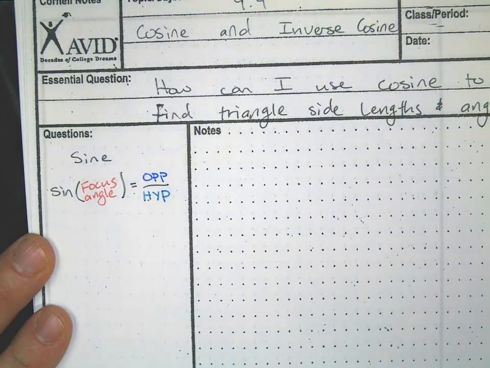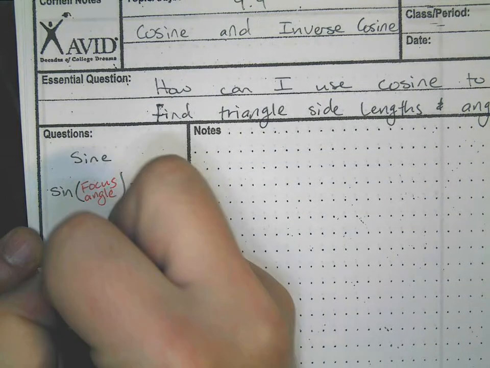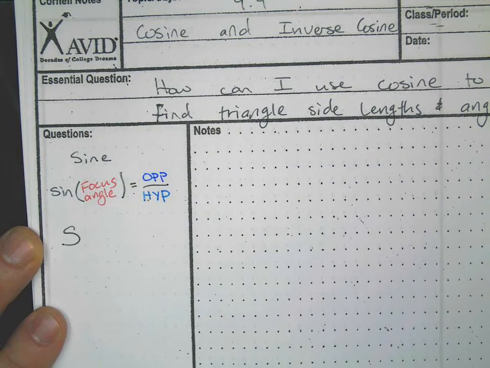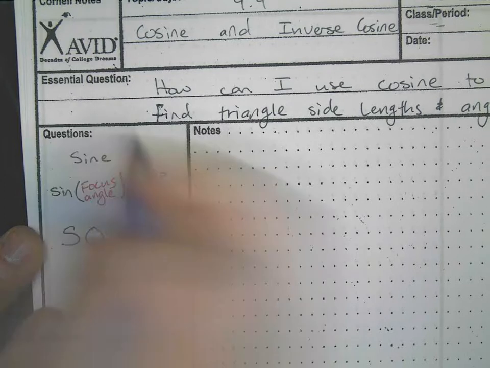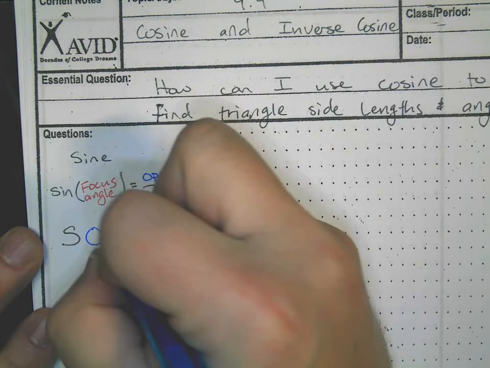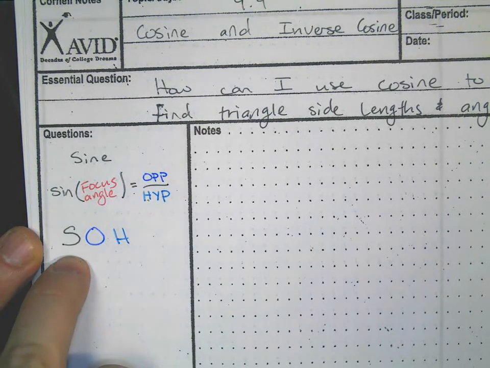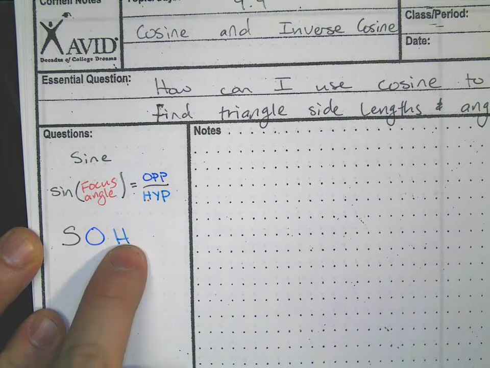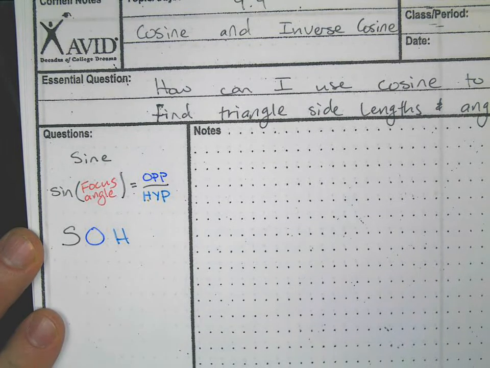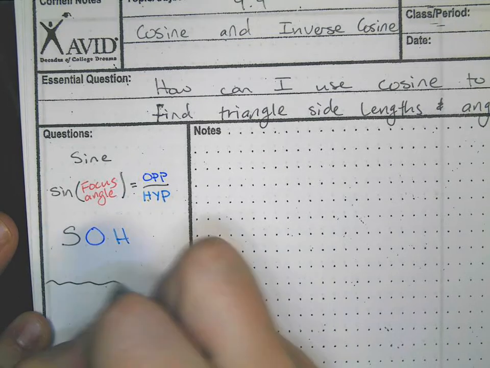And an acronym we can use to help us remember that is SOH: sine, opposite, hypotenuse.